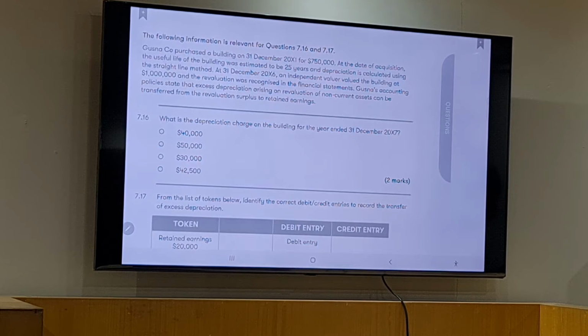The company's accounting policy states that excess depreciation arising from revaluation of non-current assets can be transferred from the revaluation surplus to retained earnings. What is the depreciation charge on the building for the year ended 31st December 2017?